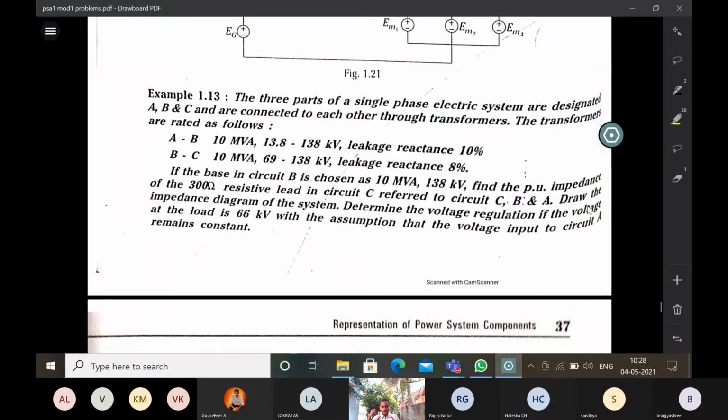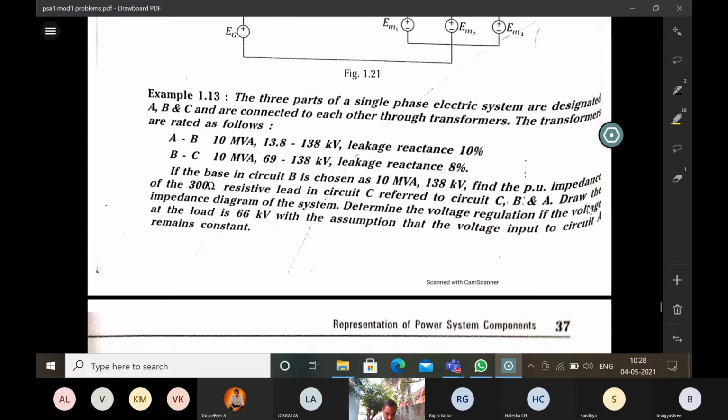Determine the voltage regulation if the voltage at the load is 66 kV, with the assumption that the voltage input to circuit A remains constant.